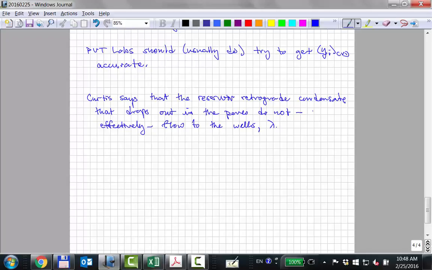Essentially saying that oil mobility is essentially zero, okay?